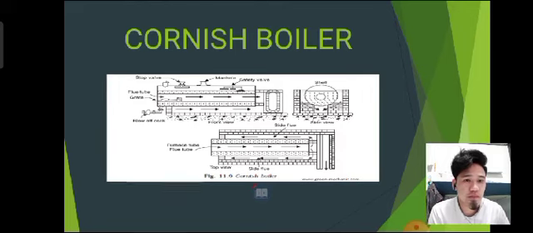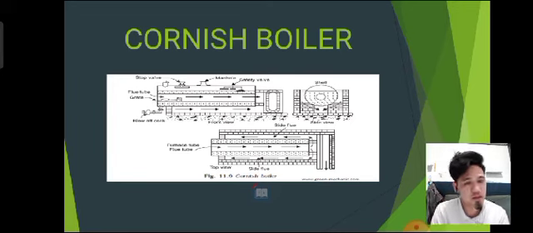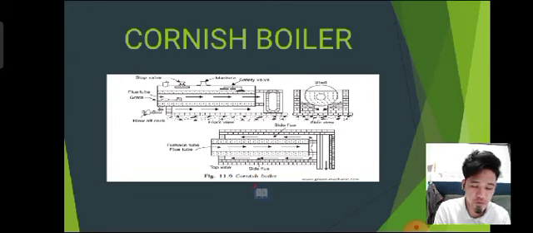Now I will discuss the Cornish boiler. The Cornish boiler is smaller in size. The length varies between 4 to 7 meters, and the diameter of the drum is 1.25 to 1.75 meters. It has only one tube.